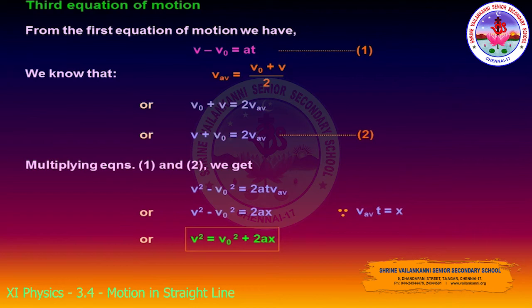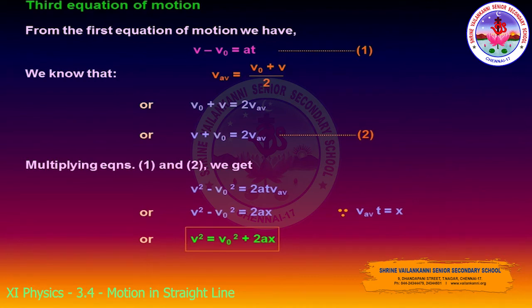Rearranging, v square equals v naught square, the initial velocity squared, plus 2ax. This equation we call the velocity distance relation.